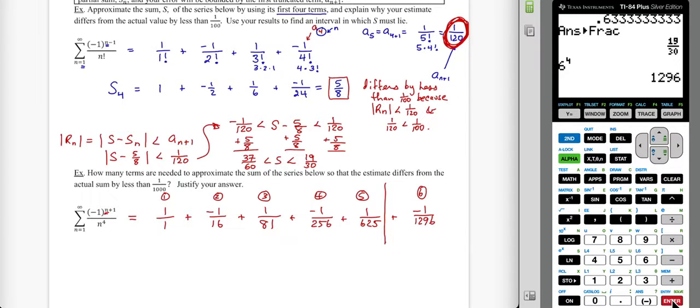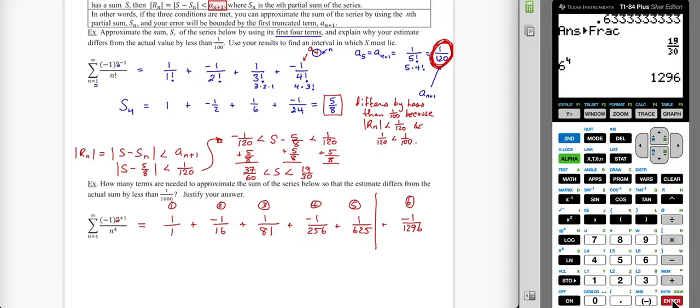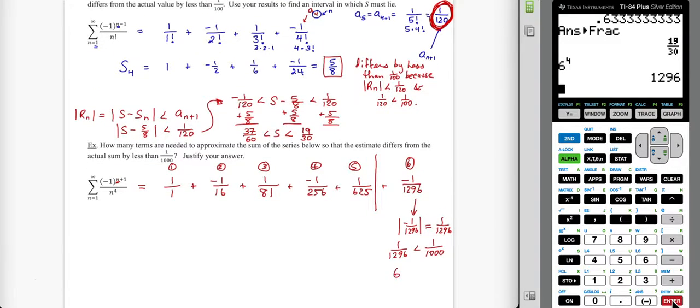So again, the absolute value of this is less than 1/1000th.